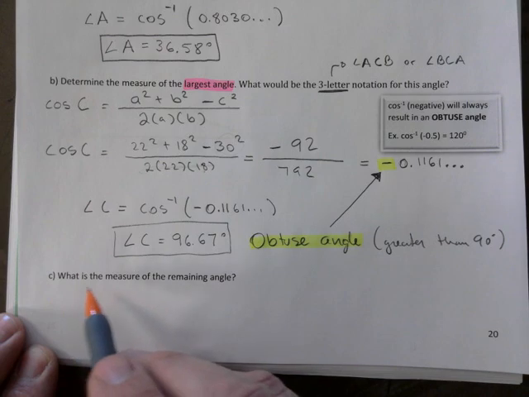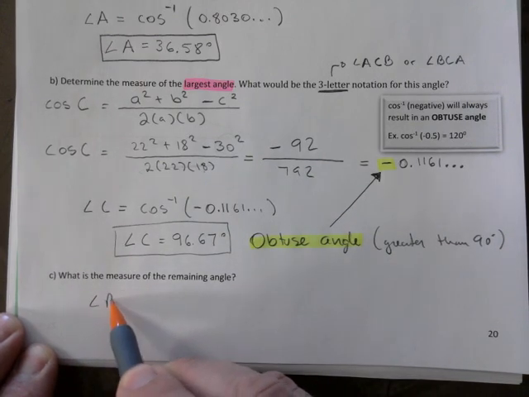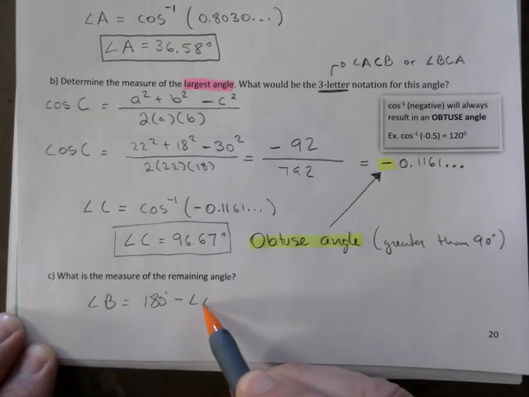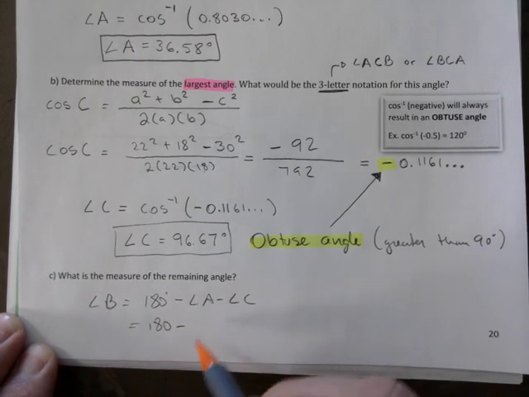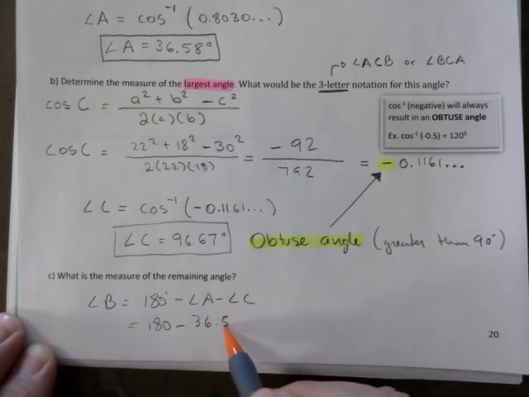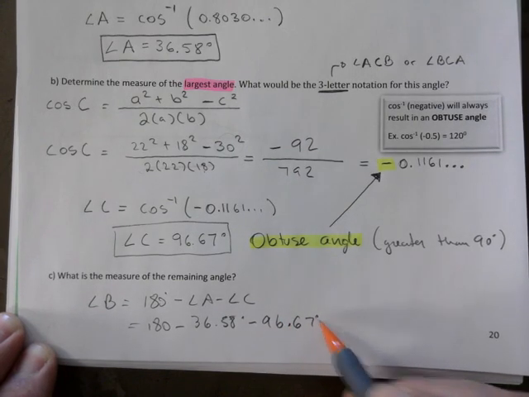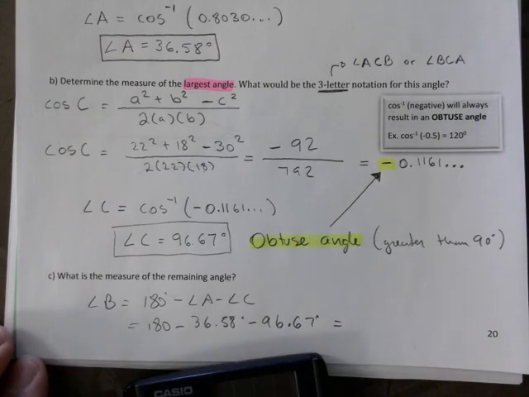So there we go. Now the last angle there would be angle B, which is 180 minus angle A minus angle C. So let's go ahead and do that. Can you ever have a triangle with more than one obtuse angle?